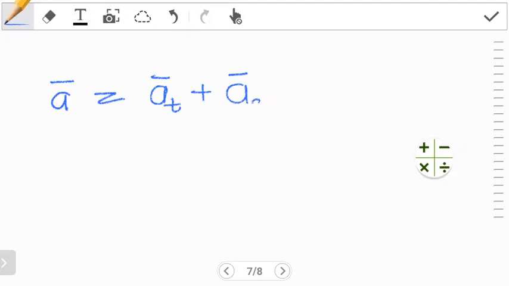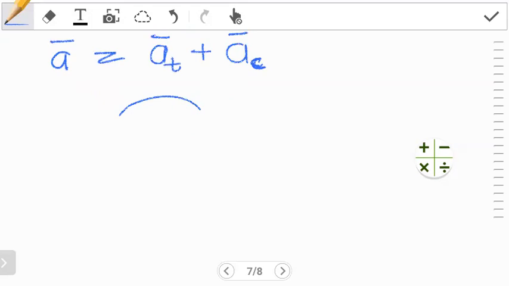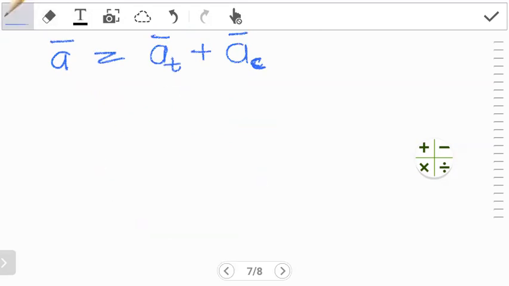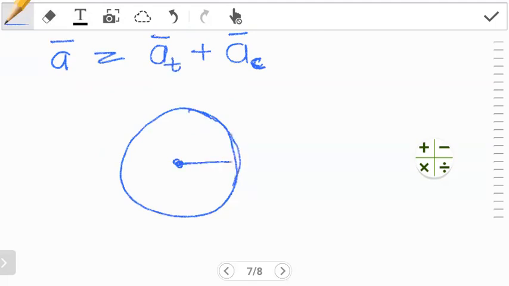So what this means is if you have an object that is moving in a circular path, it will experience an acceleration which draws it towards the center. So it experiences an acceleration which takes it in this direction. This is the acceleration we're calling the centripetal acceleration. But then we've just seen that it also experiences an acceleration at a tangent.